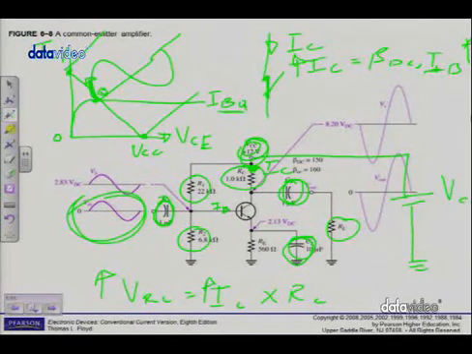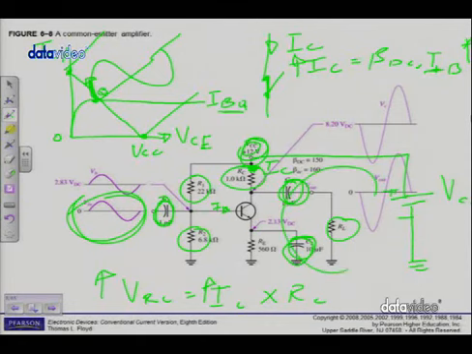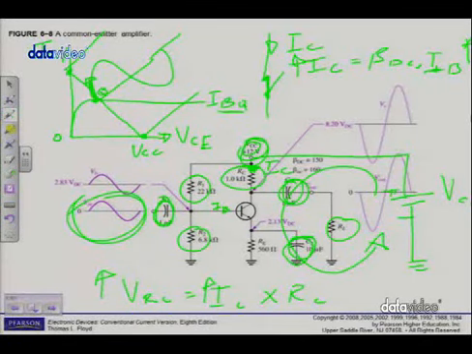There's my VCC. There's my plus, there's my minus, current flows in that direction. So there's my closed circuit. What does Kirchhoff's voltage law state? It says if I add all the voltage drops around the circuit, it should be equal to the supply voltage, isn't it?